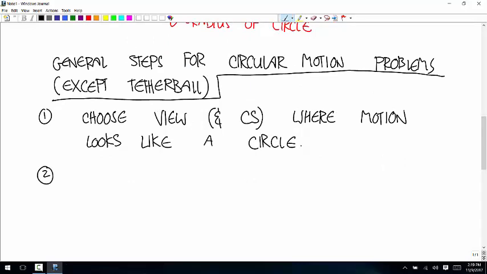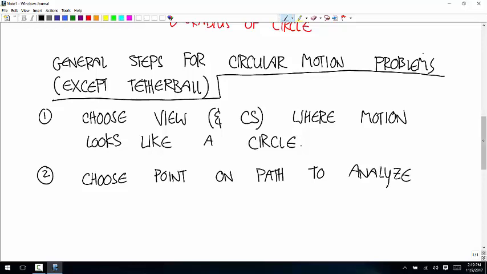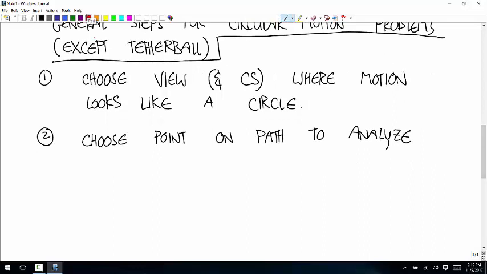The second step is to choose a point on the circular path that you're going to analyze. If the circular path is this, then you can choose this point or this one.